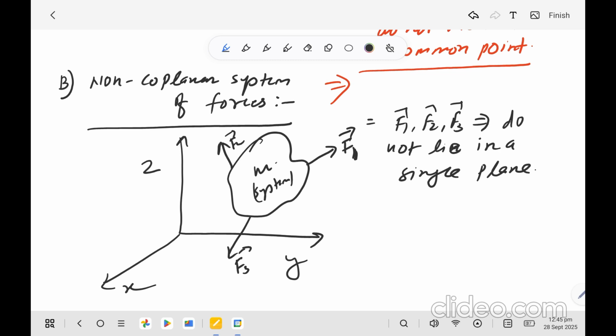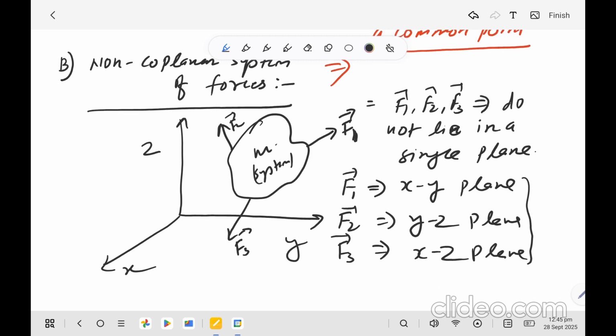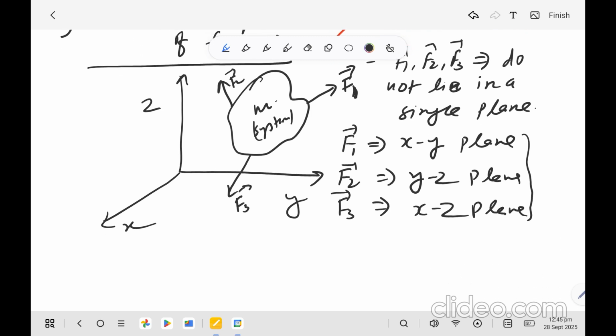So let's assume that the force F1 is in the xy plane, force F2 in the yz plane, and force F3 acting on the body is in the xz plane. So we have a group of forces, meaning three forces are acting on the object.